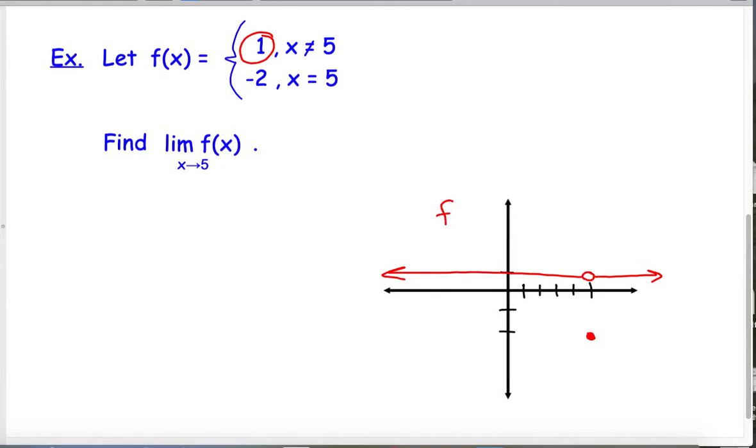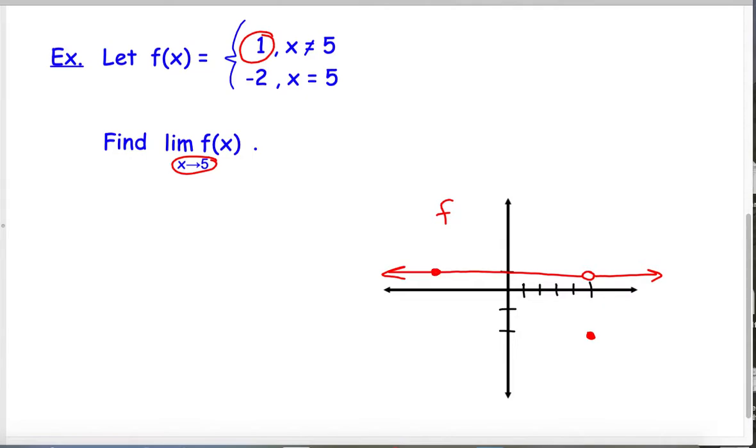Now, what's the limit as x approaches 5 for this function? Well, once again, it isn't as simple as saying, oh, just evaluate f of 5. Because if I did that, I'd say the answer is negative 2. But that actually is not the answer for the limit for this. So what we have to always remember is what happens as we're traveling along this graph.